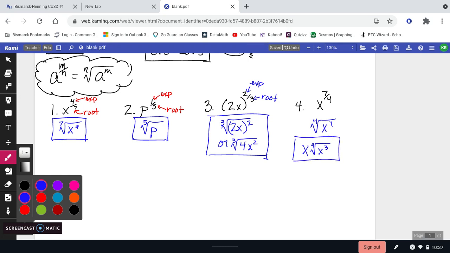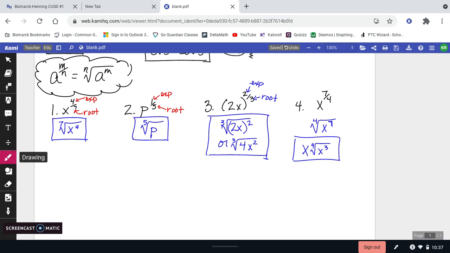So when you rewrite something as a radical, if you have enough to make a group of something, go ahead and pull that out and simplify. Now let's go the other direction. What if you have the 3rd root of x squared?